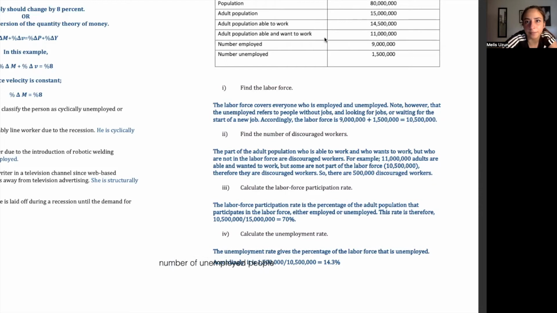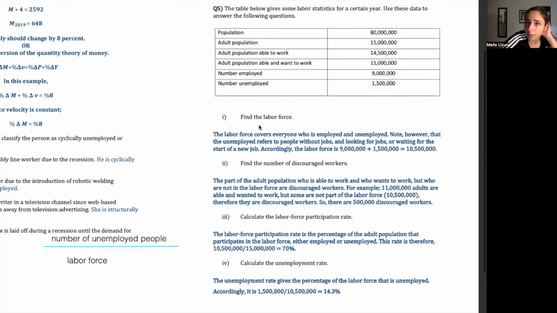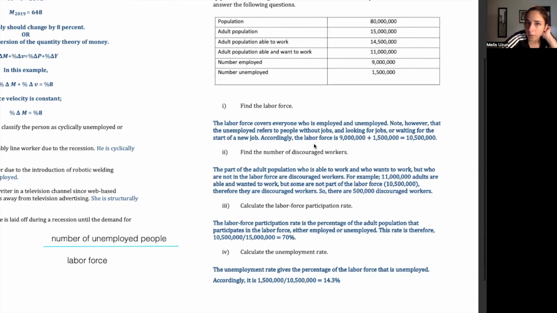Let me write it again. So the question gives us the number of unemployed people, and we found the labor force.